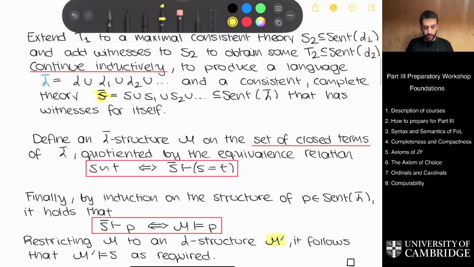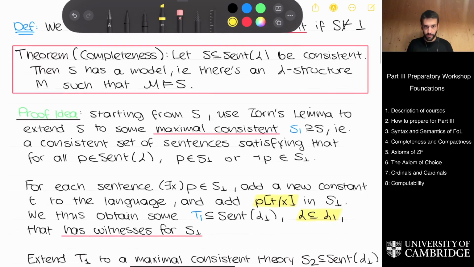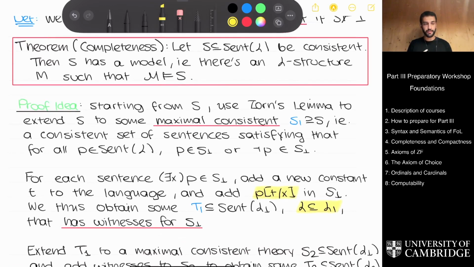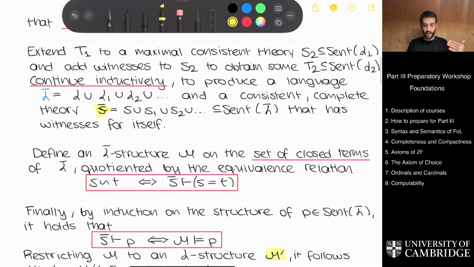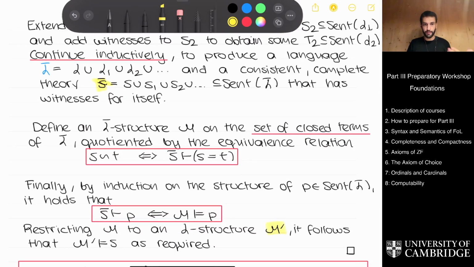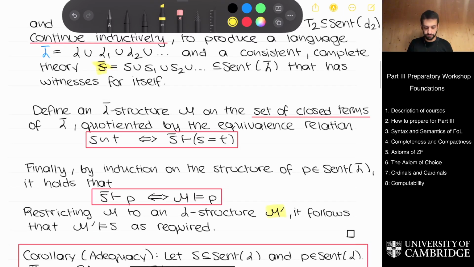So we started with a consistent set of sentences and we have obtained a model. And this model somehow is inductively produced by expanding our theory to one that is maximally consistent, then adding witnesses back to it, keep doing this infinitely, obtaining a chain, and then building a model on the set of closed terms in this expanded language.